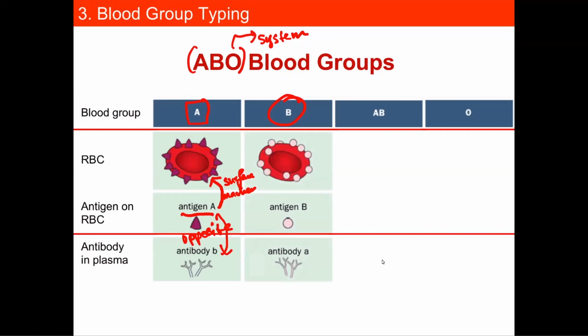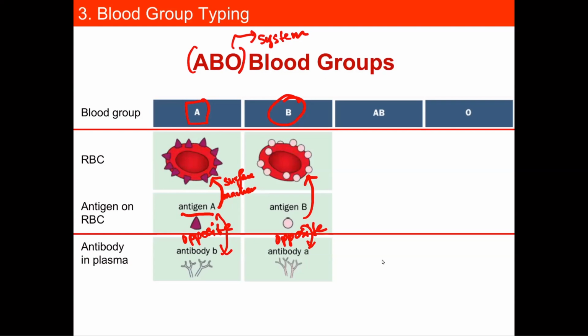So the antigen on the red blood cell for blood group B is antigen B. And if you can see a pattern here, whatever antigen I have, I have the opposite antibody. So for blood group B, I have antibody A.